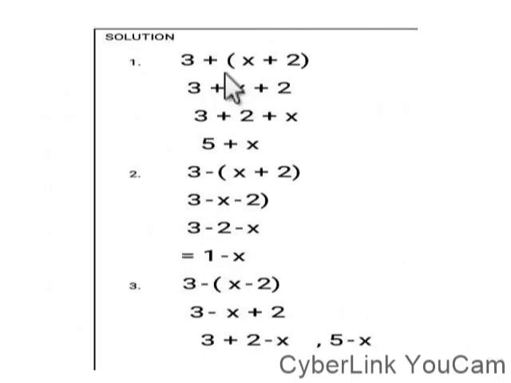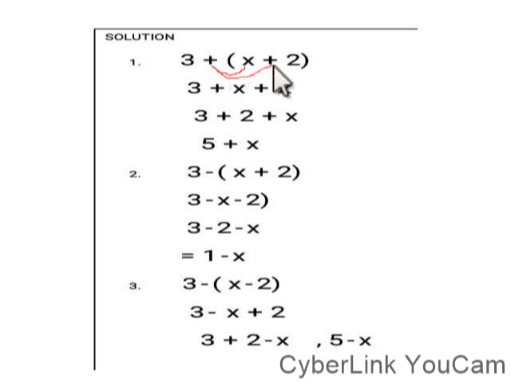Solution number 1. Here is the question: 3 plus bracket x plus 2. What we do is that whatever we have outside attached to the bracket, we open the bracket. That means what we have attached to the bracket here is plus. So this plus will multiply each of the terms we have inside the bracket.